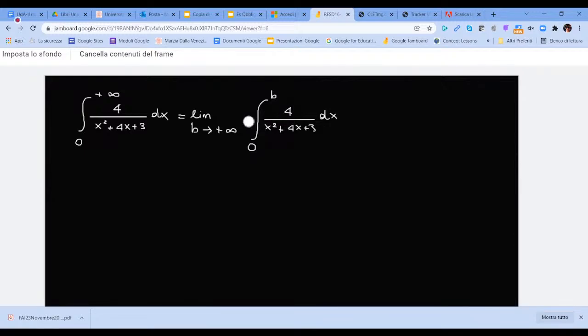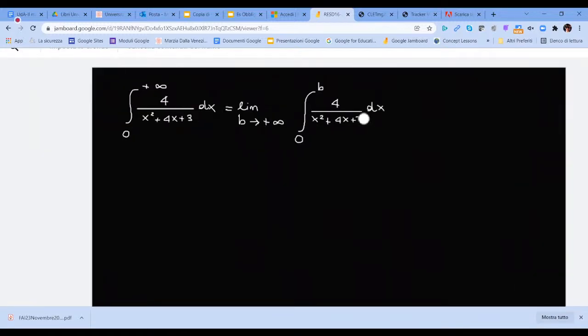We need to split this second order polynomial, and consequently the fraction will be a sum of two fractions.